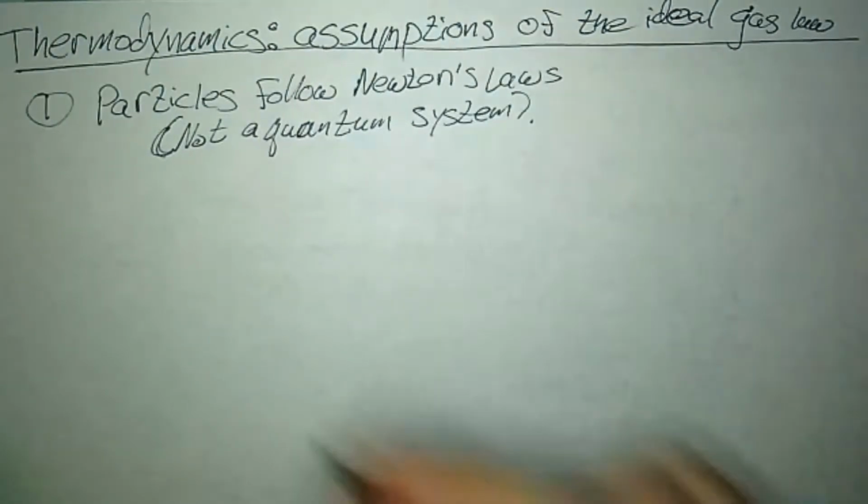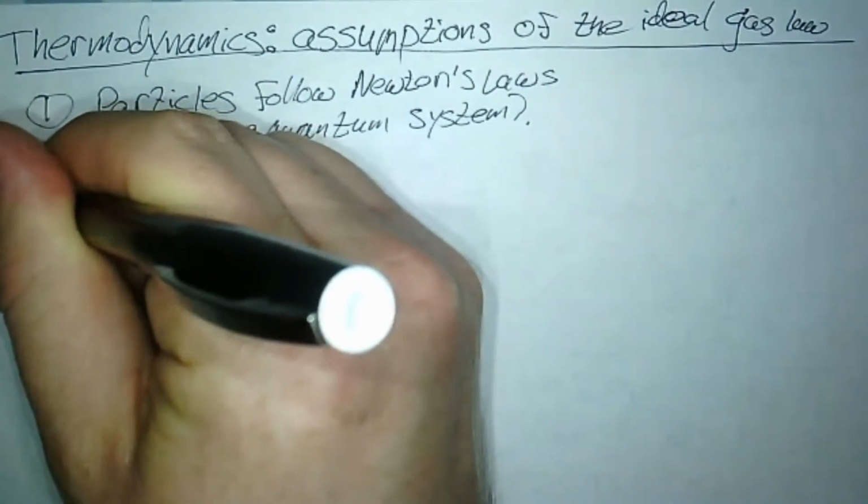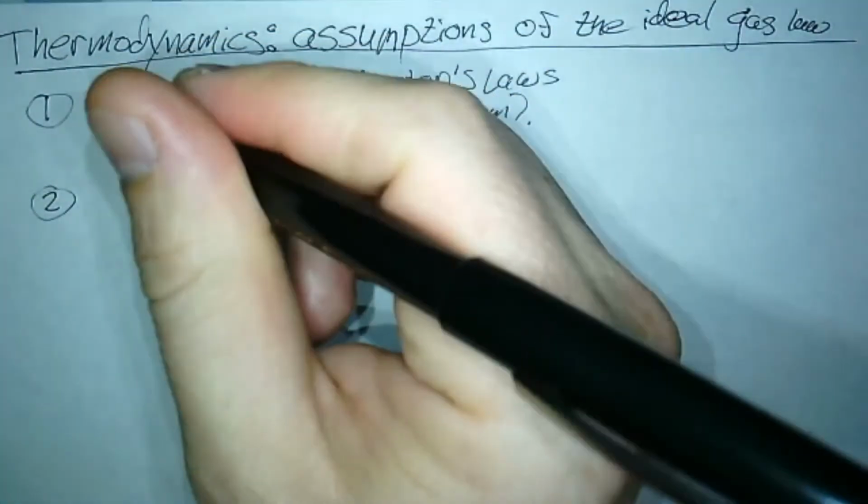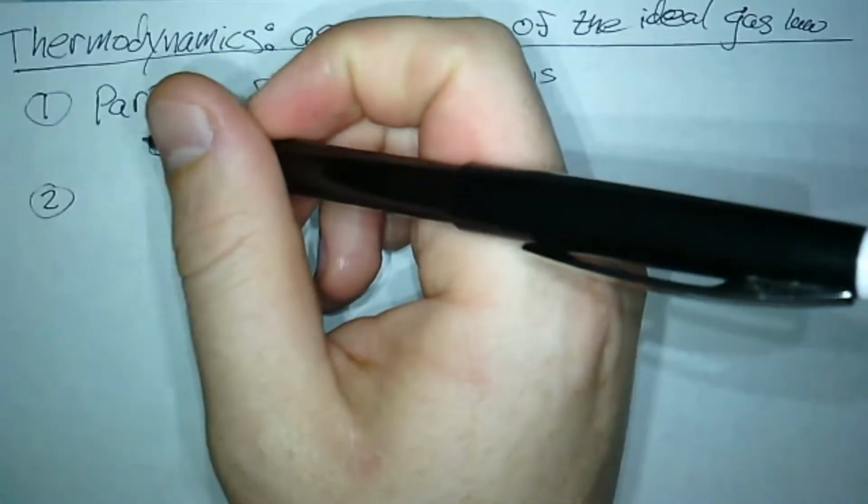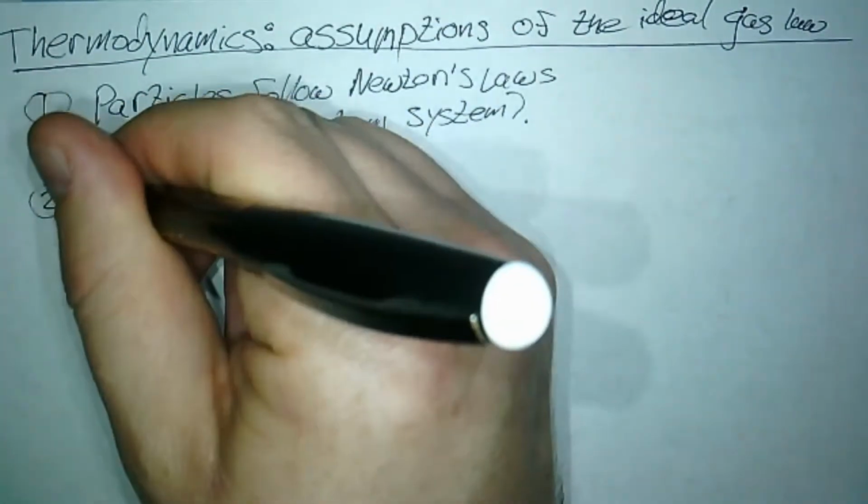The next assumption we want to make is that the particles are so small they don't interact with each other and they don't hit each other.